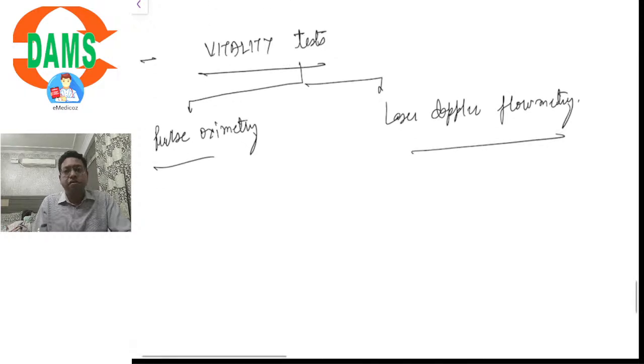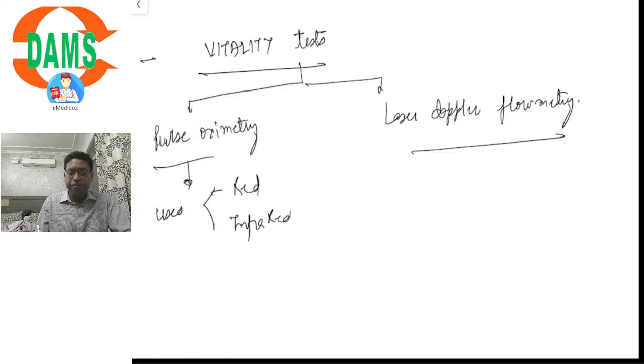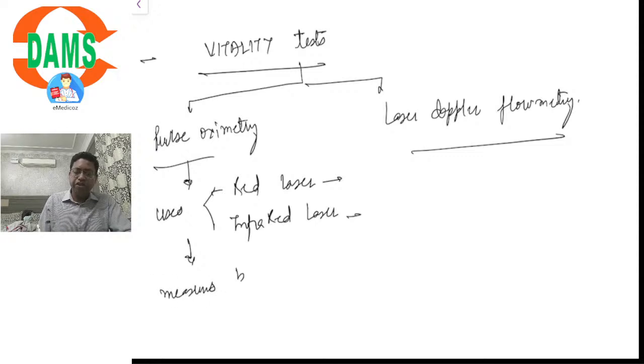Pulse oximetry uses two types of lasers, that is red and infrared laser, for the measurement of blood oxygen saturation. And what does it measure? It measures blood oxygen saturation.